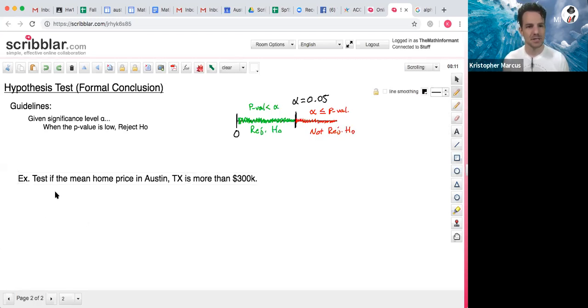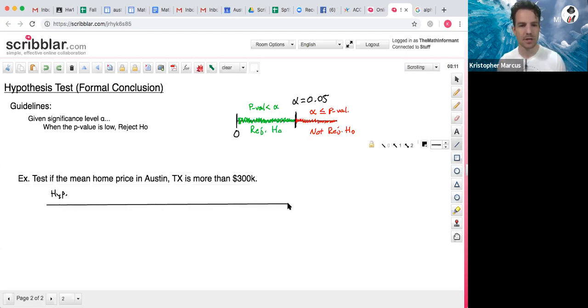Your hypotheses would get set up as the following. The null hypothesis is going to assert that we are, in fact, equal to $300,000. So it would look something like this.